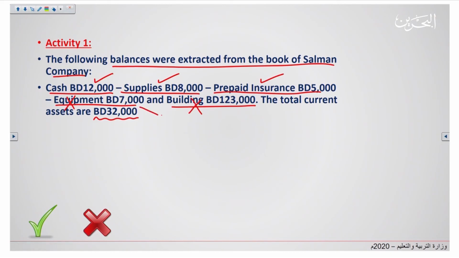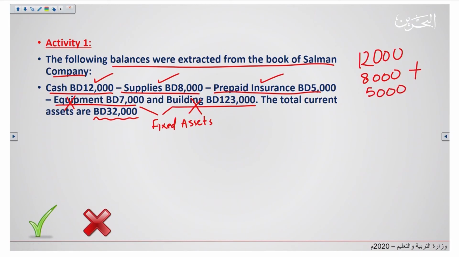These two amounts are fixed assets because they are long-term assets, so I don't need these amounts. I will only take the amounts that I have marked to find out the total of them. 12,000 BD for the cash, 8,000 BD for the supplies, and 5,000 BD for the prepaid insurance.